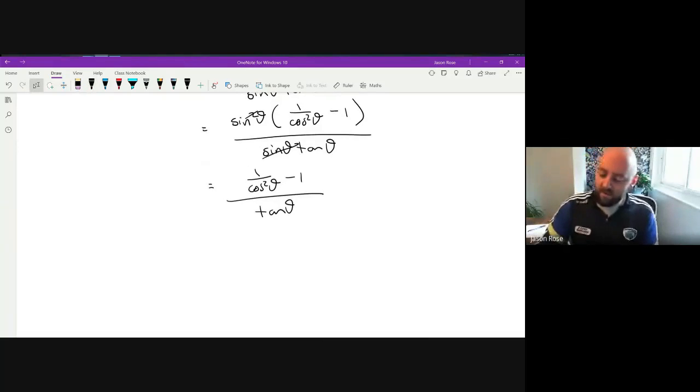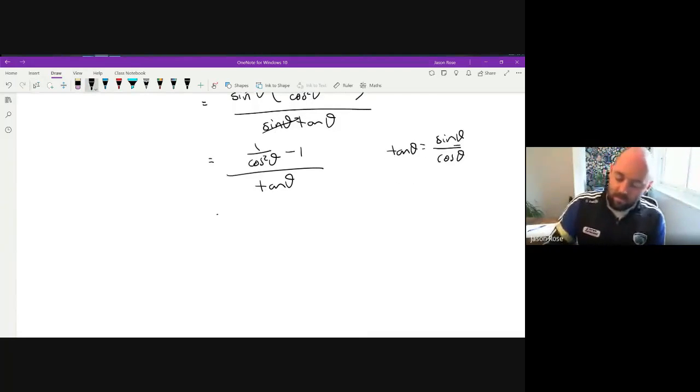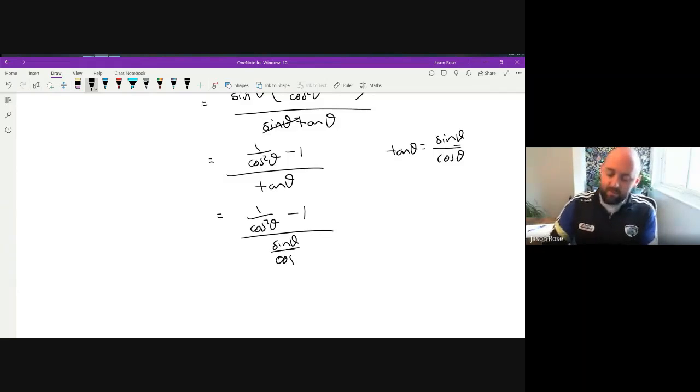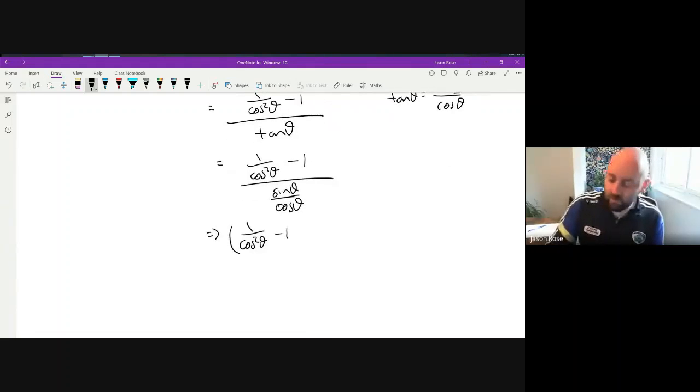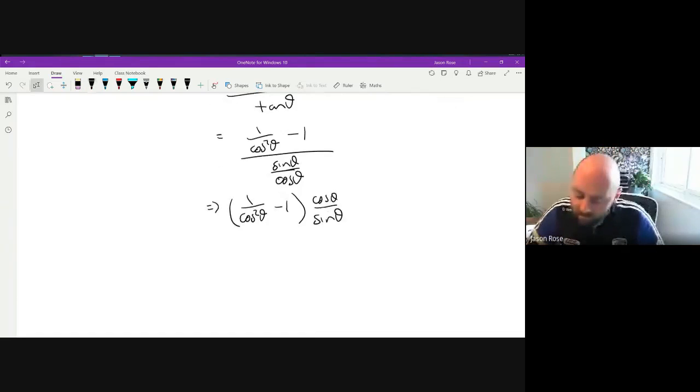So divided by tan theta, so again, remember the tan theta is sine theta over cosine theta. So this is 1 over cosine squared theta minus 1 divided by sine theta over cosine theta. So this is 1 over cosine squared theta minus 1 multiplied by cosine theta over sine theta.